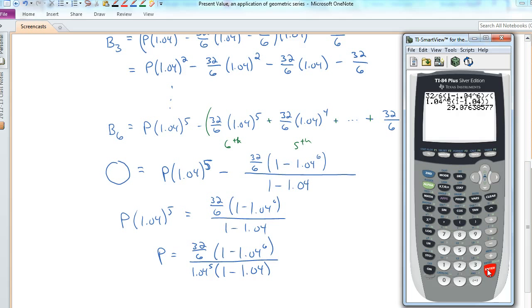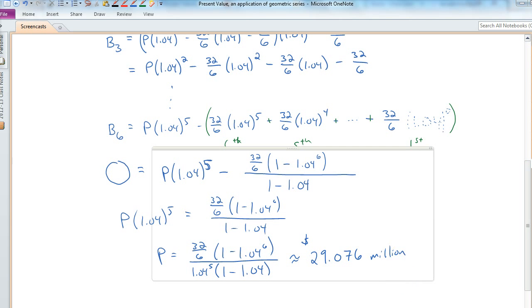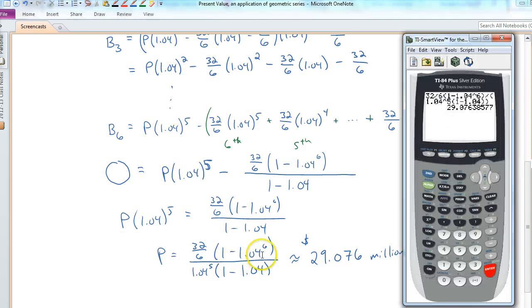Okay, I need to put in 29.076 million approximately. So that's 29.076 million dollars is my initial investment. Let's just make sure I got that right. Roughly.